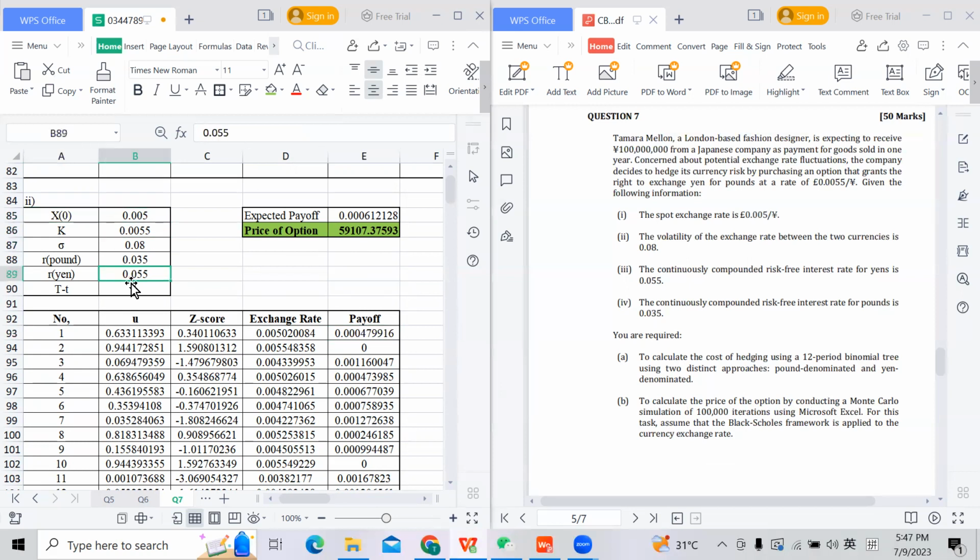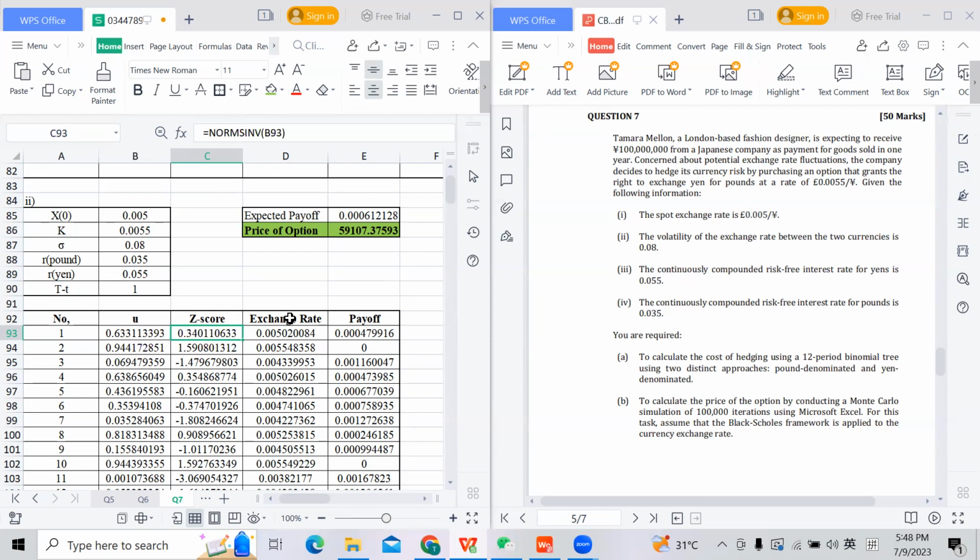So for the rate, it is using the pound denominator one. And then for here, I'm creating 100,000 uniform distribution values by using RAND. So Excel will give me 100,000 values.